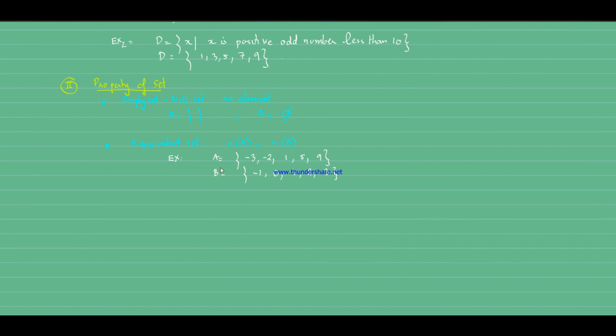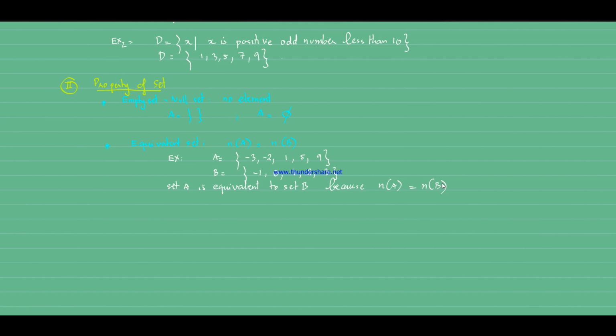So I can say that set A is equivalent to set B, because the cardinality of A is the same as the cardinality of B. So it's an equivalent set.